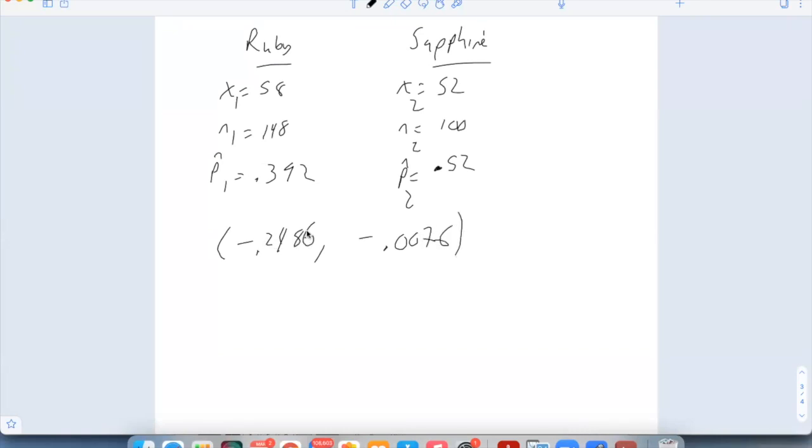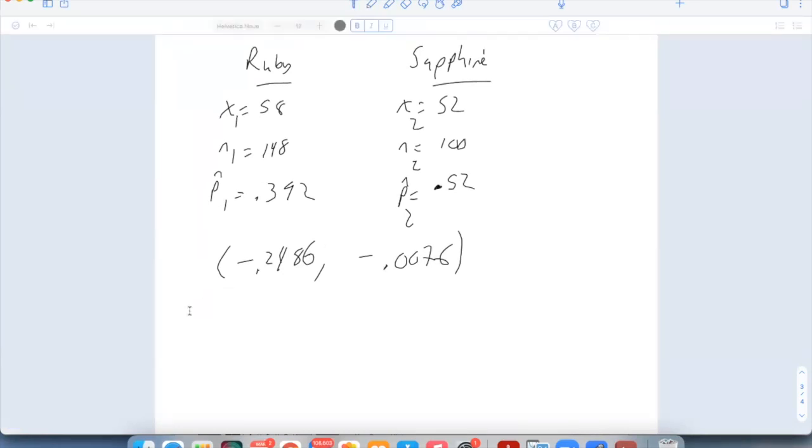Okay, our interpretation is always, every single time, we are blank percent confident that the success rate for group one is between the lower and the upper, higher than the success rate for group two.